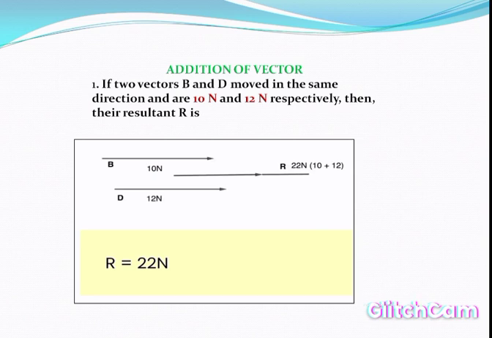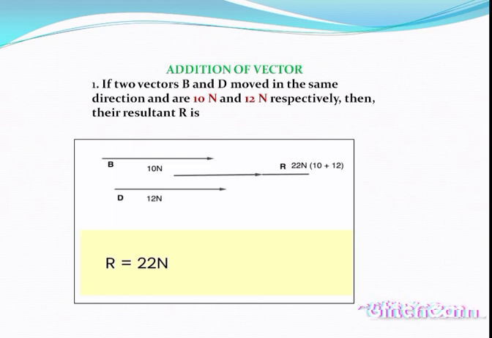Addition of vectors. Now, if we have two vectors B and D moving in the same direction, and the magnitudes of both vectors are 10 Newton and 12 Newton respectively, then we can find their resultant by drawing vector diagrams.